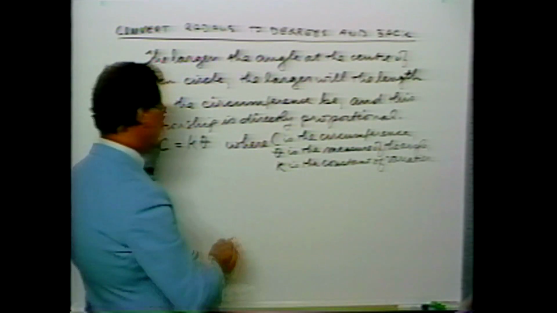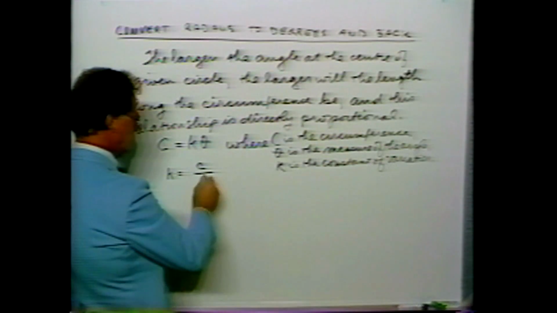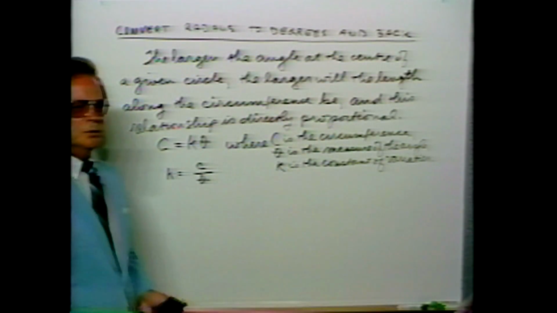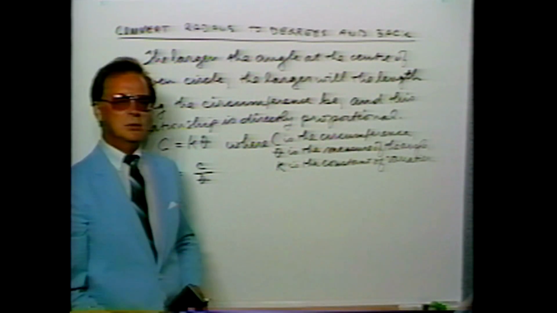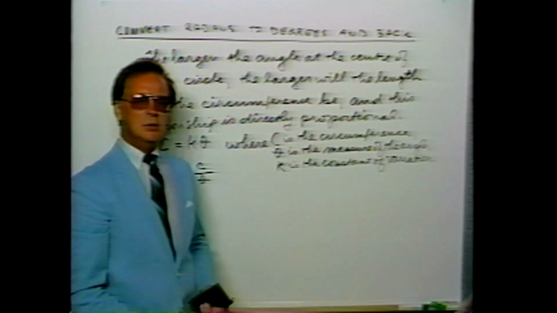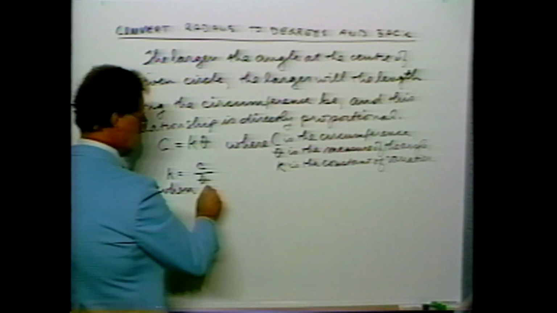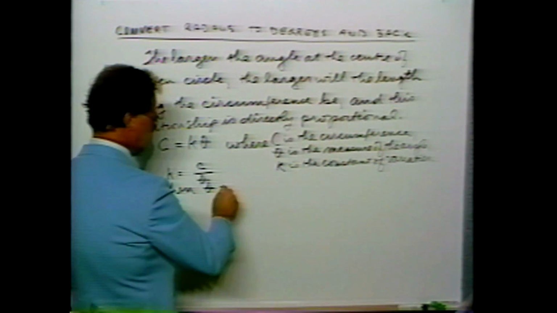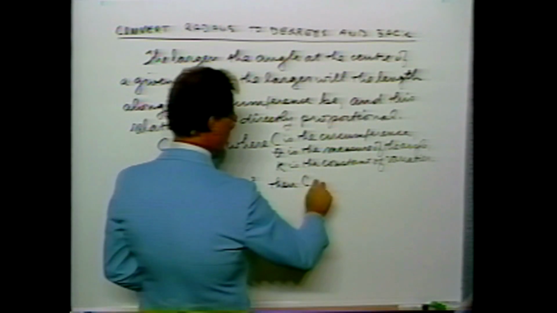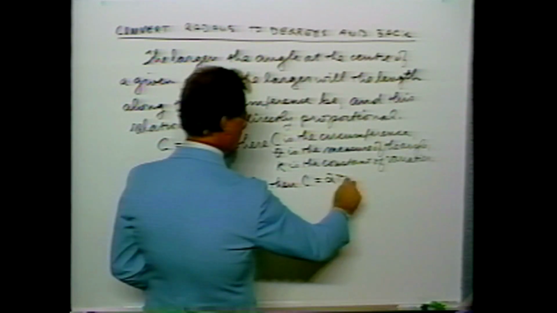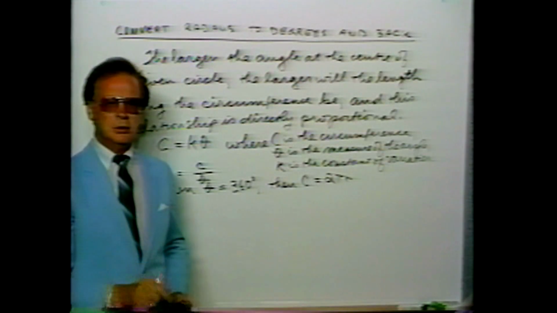Solve for K. K is equal to C over theta. Now, when theta is 360 degrees, C is equal to 2 pi r, the formula for the circumference of one circle.